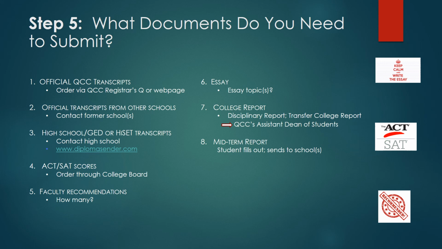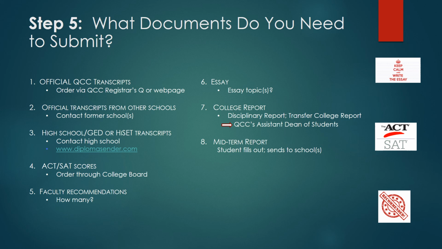You'll need to contact those former schools and have them send official transcripts to the receiving institution. 3. High school GED or HiSET transcripts. Contact your high school to send official transcripts, or go to this website, diplomasender.com, to order GED or HiSET transcripts.